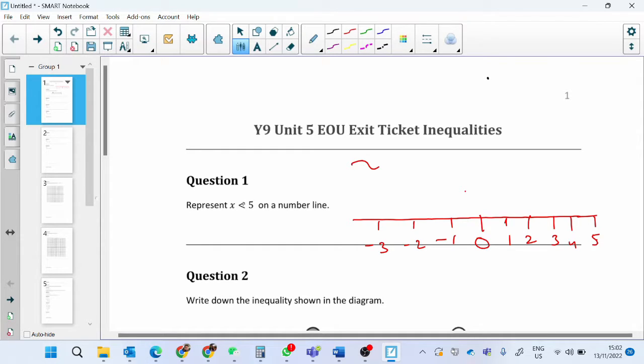Now we have to look for this symbol. It's just smaller. When it's just smaller, it's called exclusive. Exclusive 5. That means 5 is not included, and x is a number which is smaller than 5.